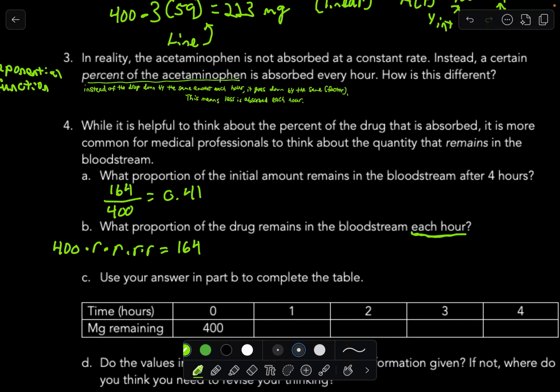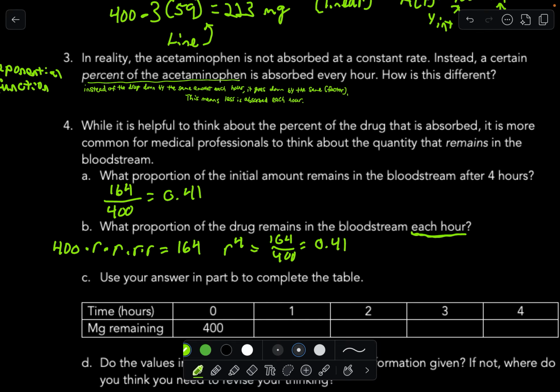So that would be R to the fourth equals 164 divided by 400, which was the 0.41 that we had calculated. So notice this is a power function, right? R to the fourth equals 0.41.